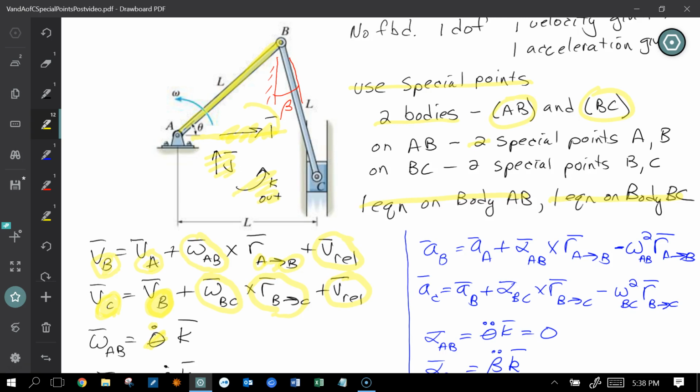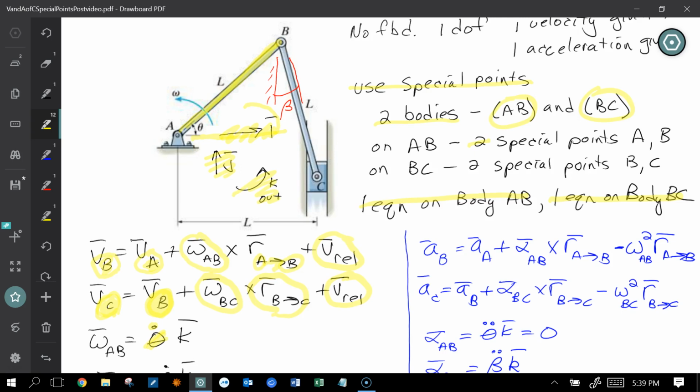Well, the answer is counterclockwise. Okay? Curl your right hand fingers in the counterclockwise direction. Which way does your thumb point? It points out of the page. So the omega vector is out of the page. Is the out of the page a positive K or is it a negative K? It's a positive K.